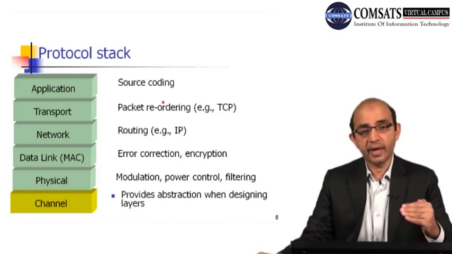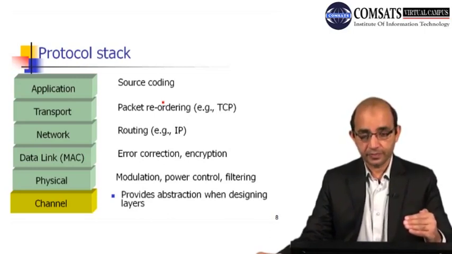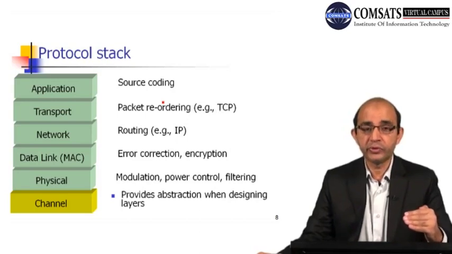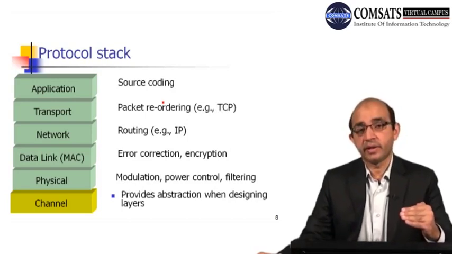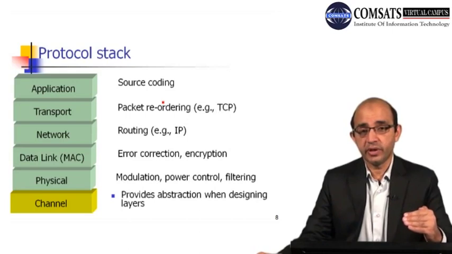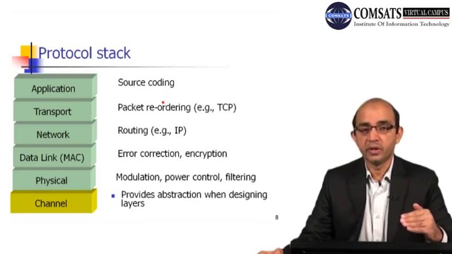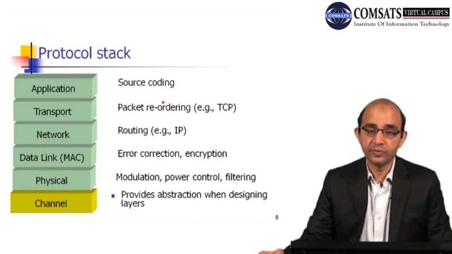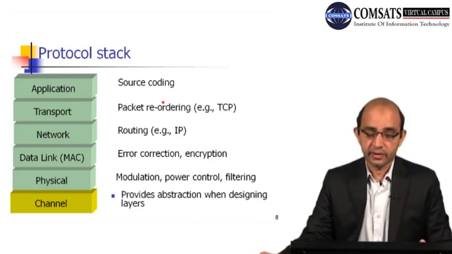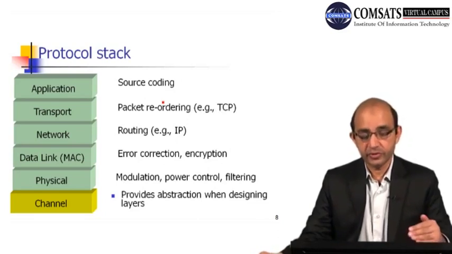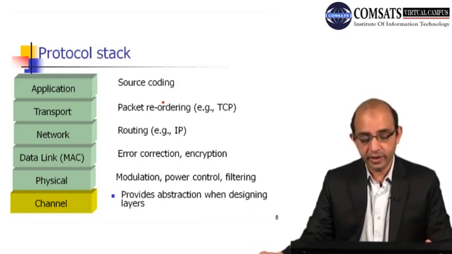So for example, at the application layer, if we want to represent an image in order to transmit it over a wireless channel, we need source coding in order to represent that image. For example, we normally have the JPEG standard in order to represent that image. So JPEG is a sort of source coding.